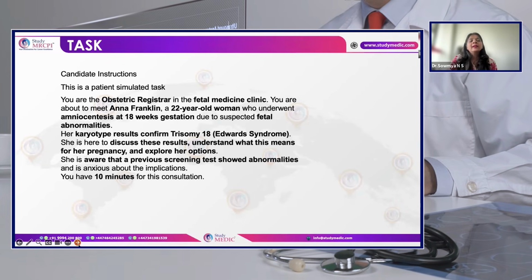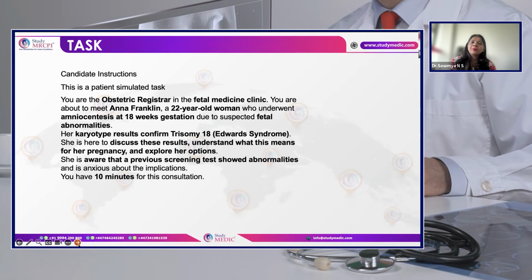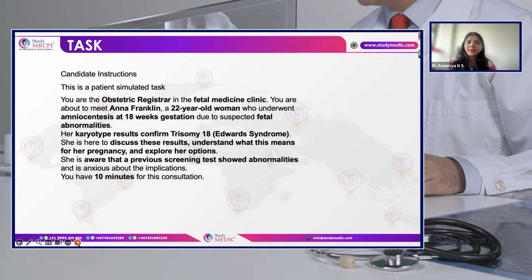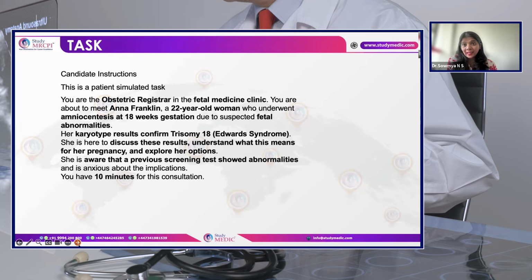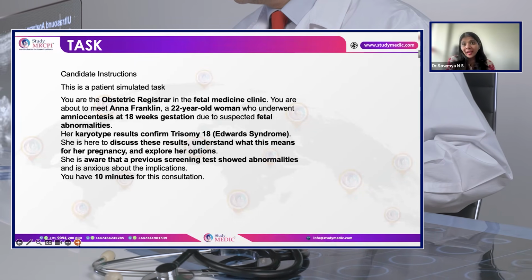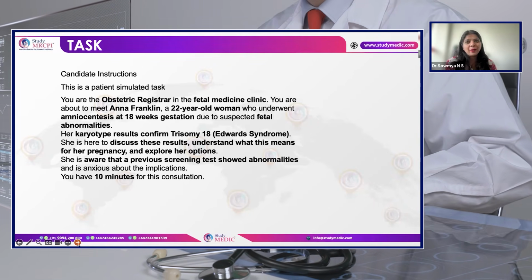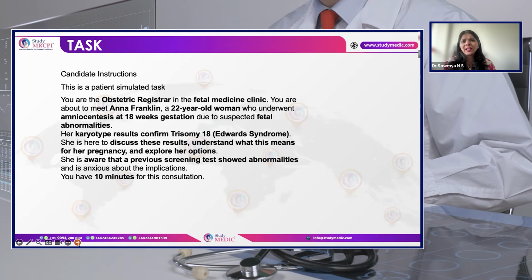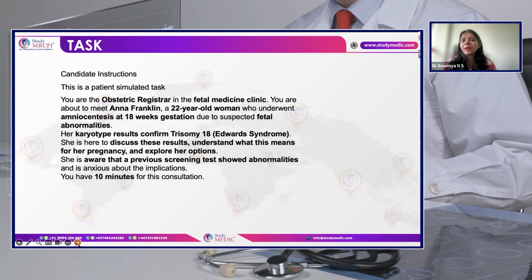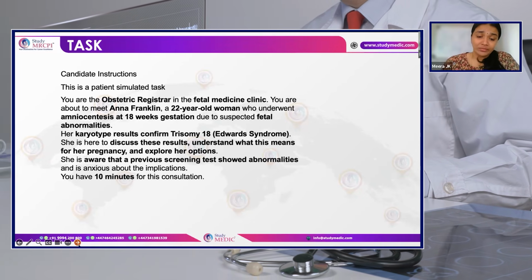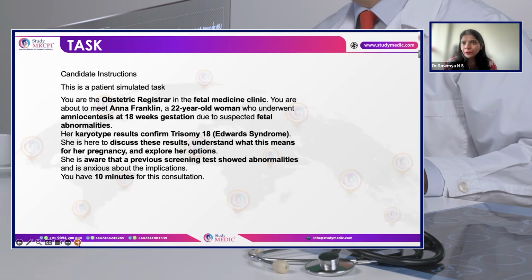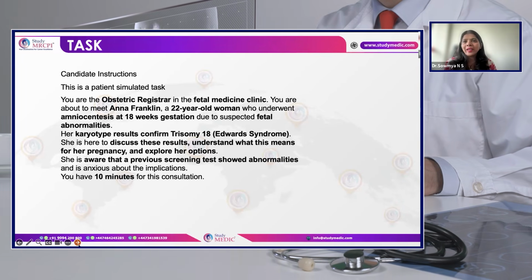Anna, just to tell you a few things, okay? As I mentioned, this is a life-limiting condition, which we have cross-checked twice. Before I explain what that means to you, can I ask you a few quick questions? Please. I know that this is your first pregnancy and you're into your 18 weeks.